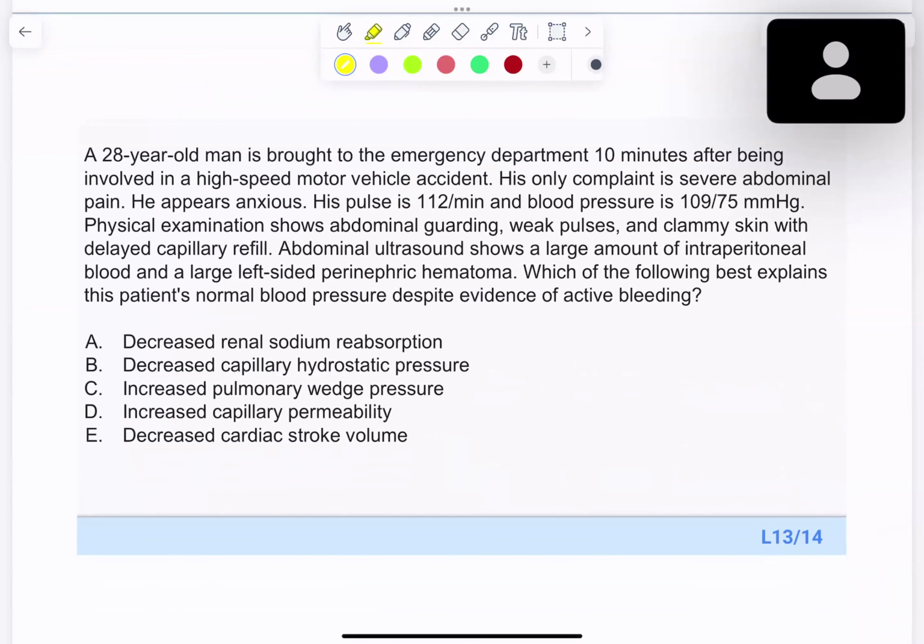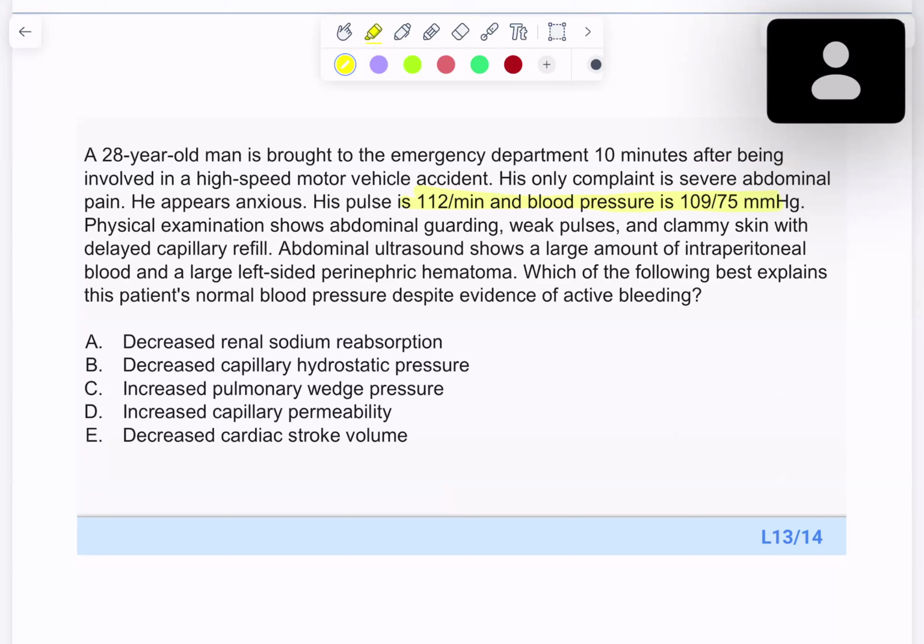Let's move on. So a 28-year-old man is brought to the emergency department 10 minutes after being involved in a high-speed motor vehicle accident. His only complaint is severe abdominal pain. He appears anxious, and his pulse is 112 and blood pressure is 109/75. Physical examination shows abdominal guarding, weak pulses, and clammy skin with delayed capillary refill.